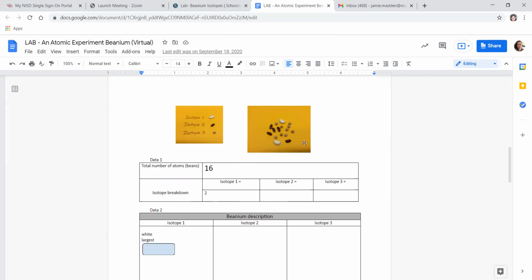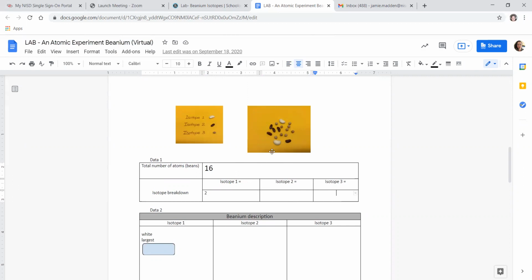If you count all of these, you'll see that there are a total of 16 beans, some of them are the same, some of them are different. There are 3 different types. So here in these spaces, you were supposed to count each different type.